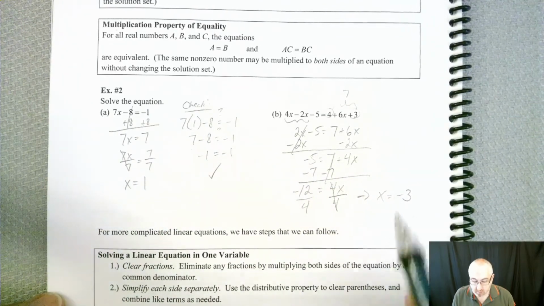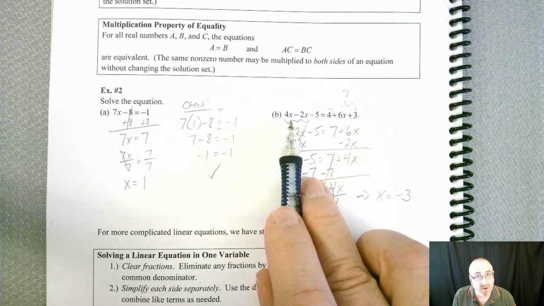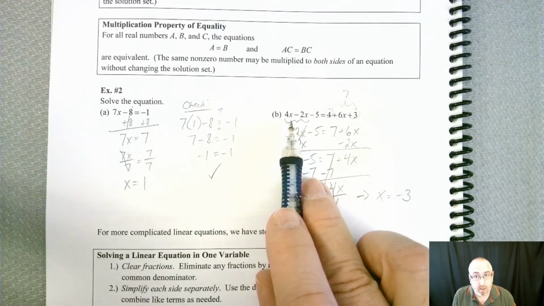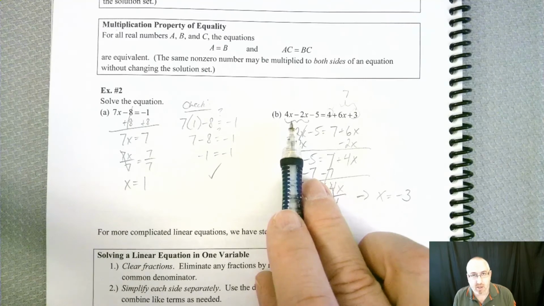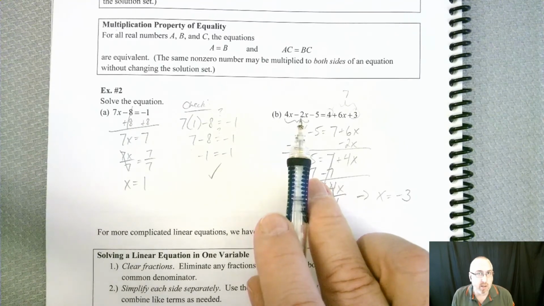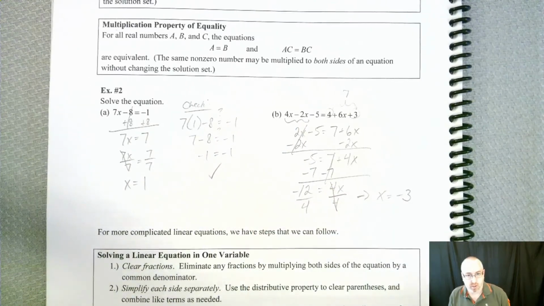As far as the check, we can plug that negative 3 back into the original and make sure it works, but I'm pretty confident it should work. So I'm going to skip the check this time. In general, checks are not absolutely required unless the book says it's required. So do those at your discretion.